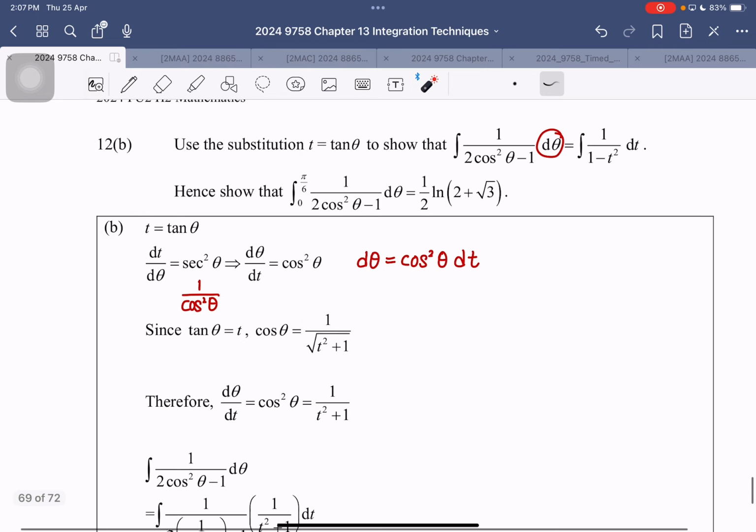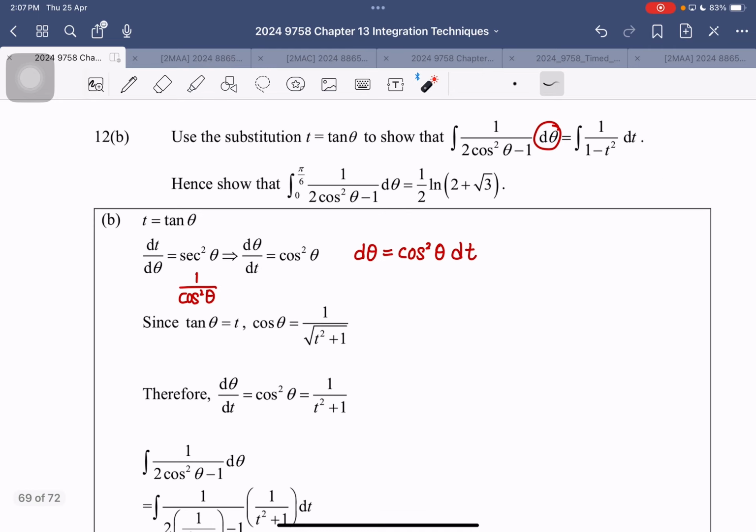Then, when you have a substitution that involves trigo ratios, it will be necessary for you to know that the sine and cosine of the angle can be found.